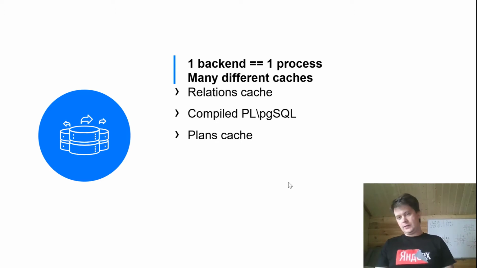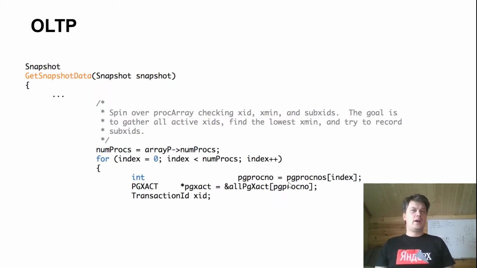But that's not the only reason. Postgres is a transactional database, and there are a lot of transactional algorithms which have a linear dependency on the number of currently connected clients. For example, taking a snapshot at the beginning of a transaction is an algorithm which requires examining every single connected backend.